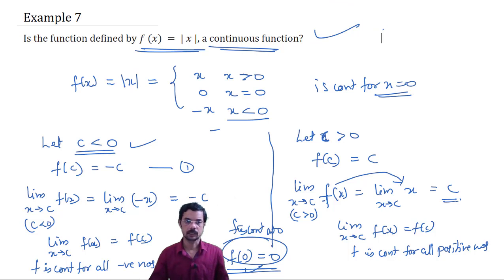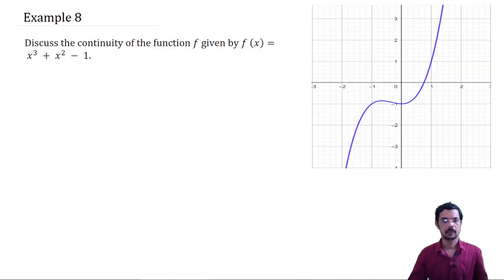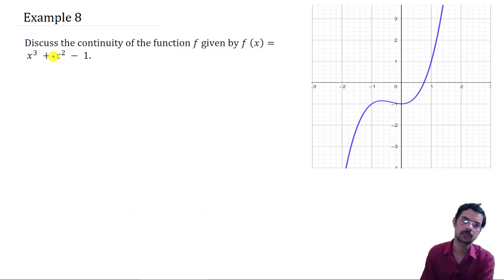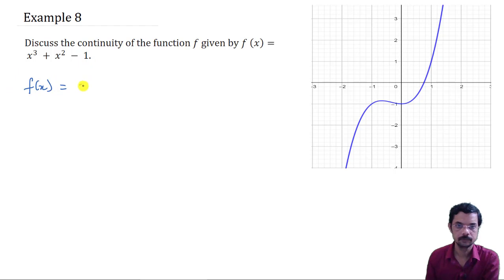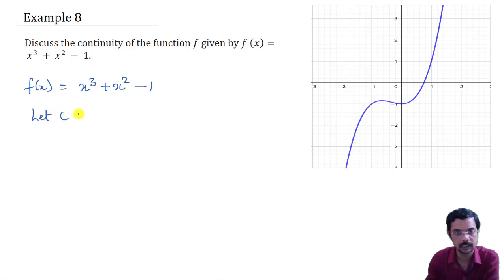Now let us look at example 8. Let us discuss the continuity of the function f given by f of x equal to x raised to 3 plus x square minus 1. So here, what is f of x? x raised to 3 plus x square minus 1. Let c be any real number.